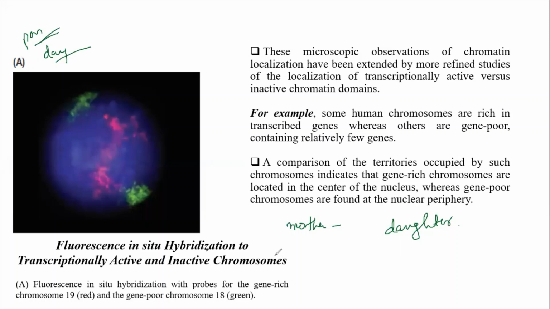In the same way, the mother centrosomes and the daughter centrosomes have a difference in their proteins. When you go into detail, there is always a difference in the composition of the mother and the daughter. The proteins are methylated or phosphorylated or acylated. So this particular post-translational modification is always there.